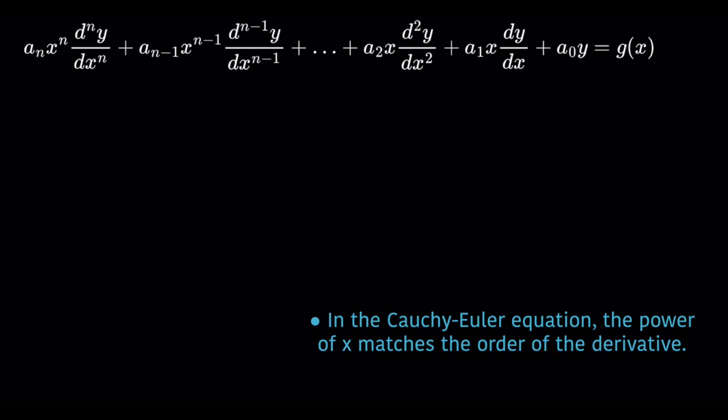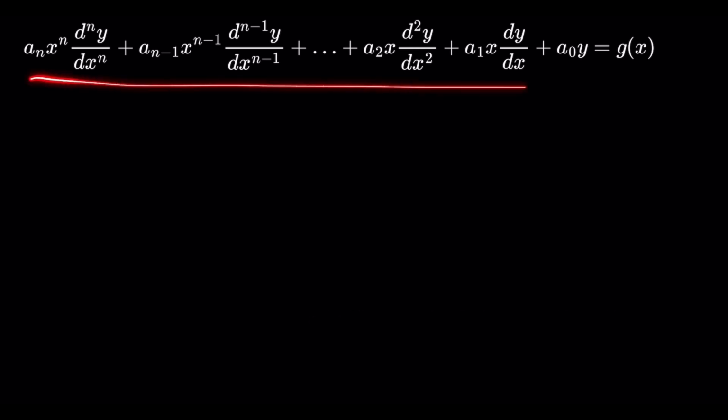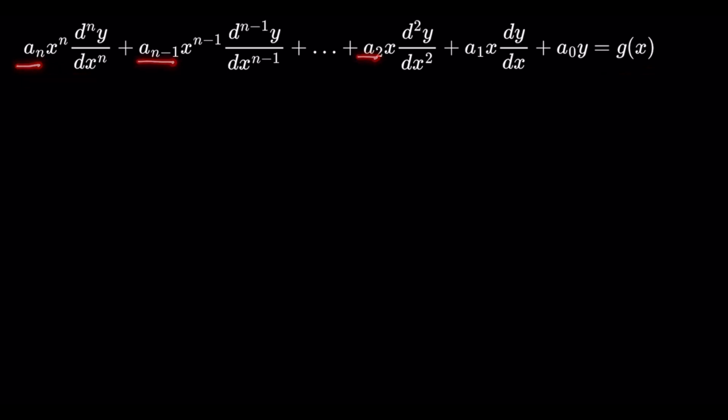A linear differential equation of the following form is called a Cauchy-Euler equation, where a and the other terms like this, and this, are constant coefficients, and the powers of x decrease with each successive derivative. The key characteristic of this equation is that the degree of x in each term matches the order of the derivative.